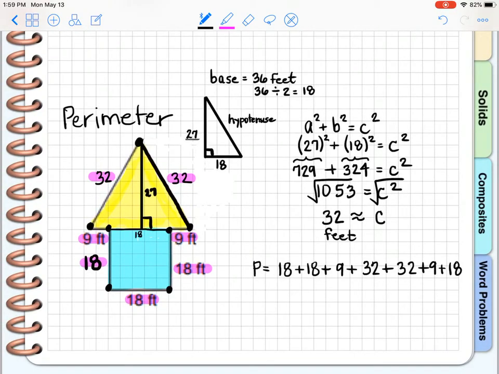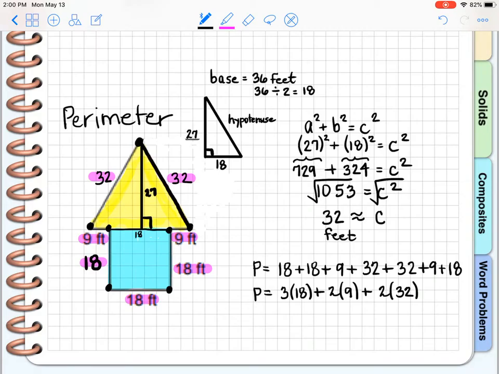Let me show you a simplified version of this that you sometimes will see. If you look at this string of numbers, I see 3 of them that are 18s. I see 2 of them that are 9s. And I see 2 of them that are approximately 32. So sometimes they'll simplify it and write it that way, but it works either way.